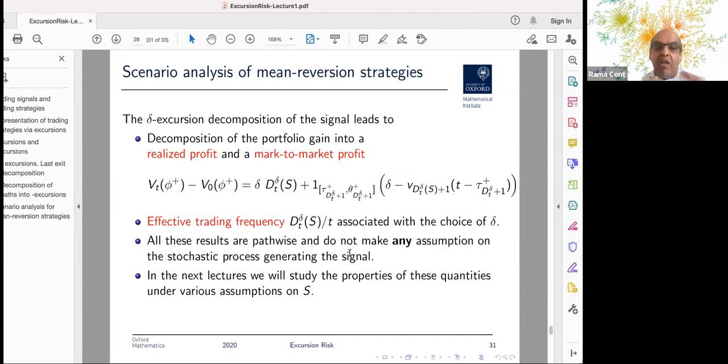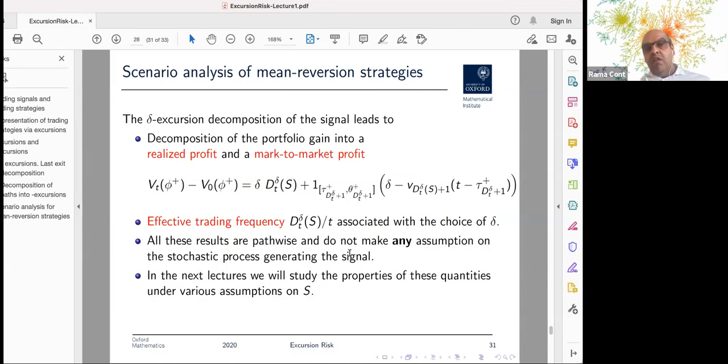Once we derive these pathwise results, we will take examples of stochastic models and apply the pathwise results to them. In particular, we will not need to assume that S is a semimartingale or anything of that sort.